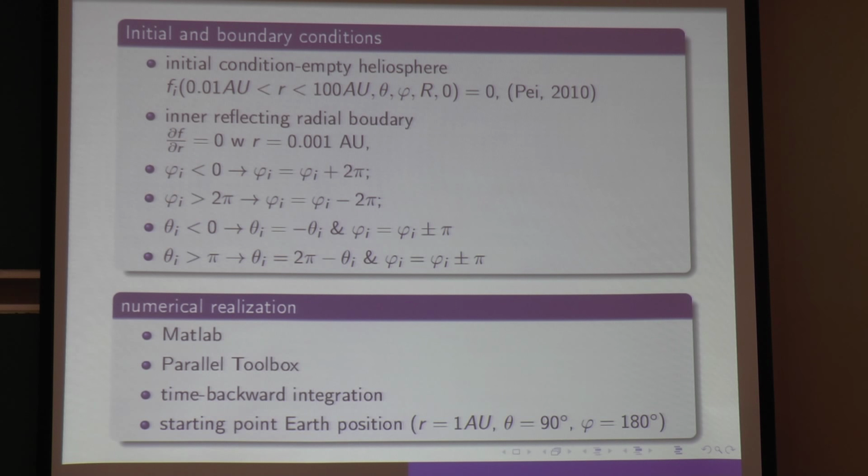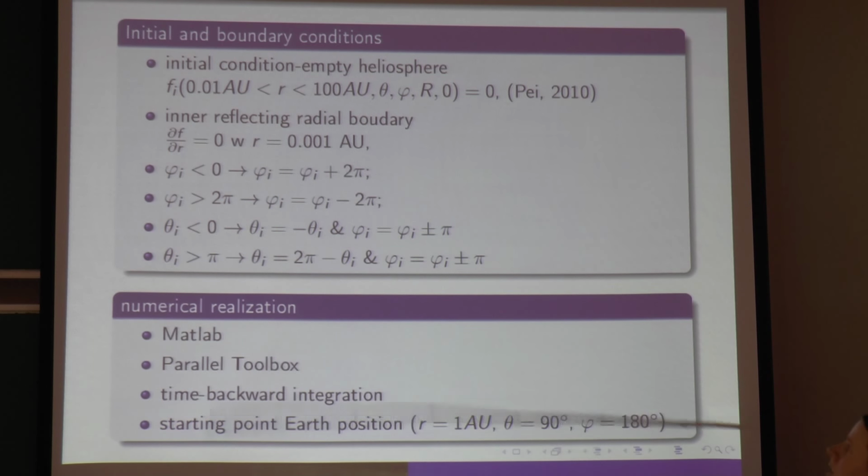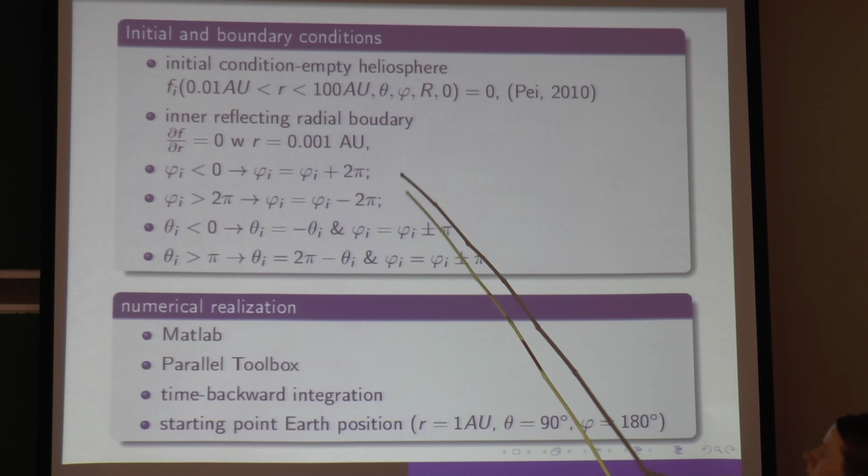Initial and boundary conditions for this stochastic approach: first, we assume an empty heliosphere at the starting point, and we also assume an inner reflecting radial boundary at 0.001 AU, and a periodic character of the distribution function versus heliolatitude and heliolongitude.